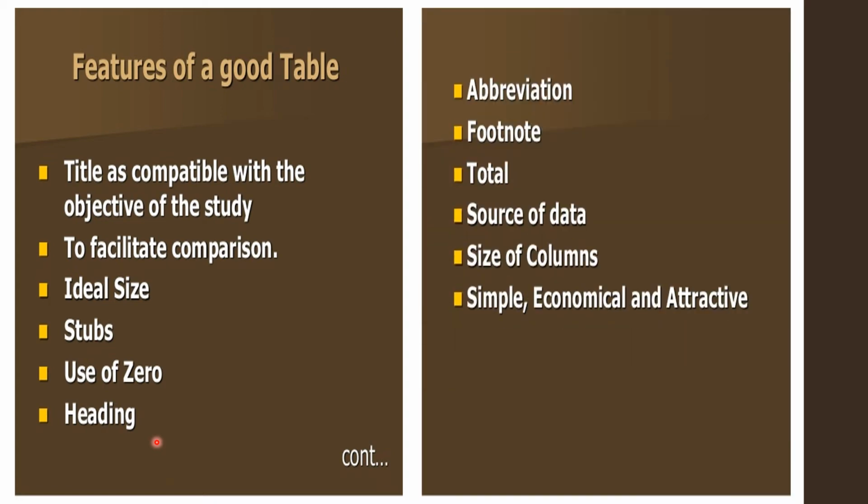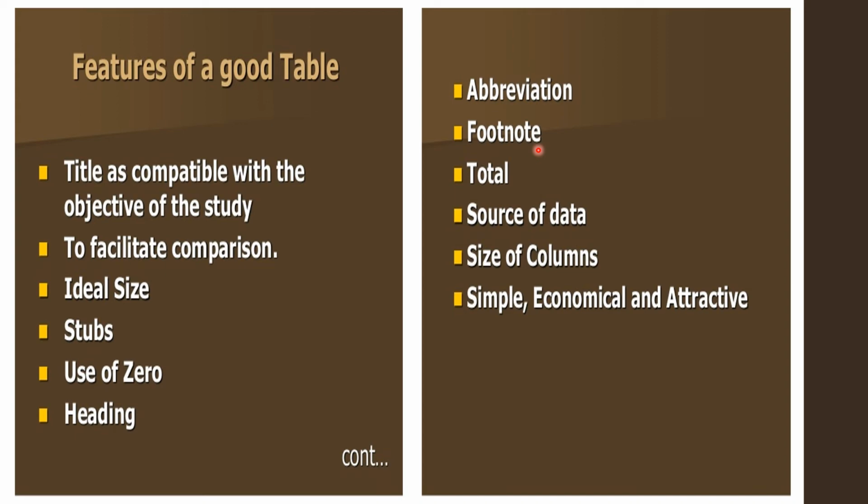The other feature is abbreviations. Use of abbreviations should be strictly avoided. Abbreviations should not be used in any heading or subheading of the table, and neither are we going to use any signs and symbols while making the table. Coming to the next feature, that is footnote. A footnote is not compulsory.